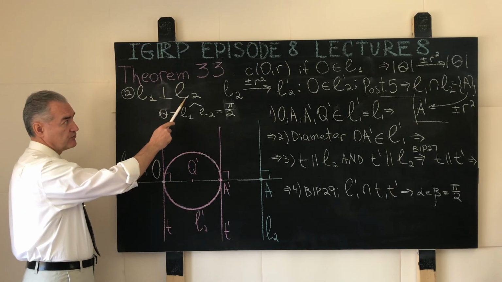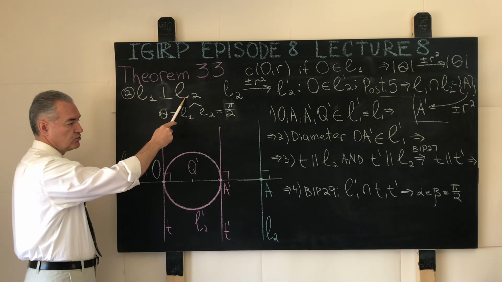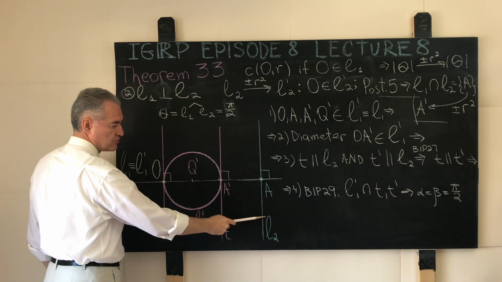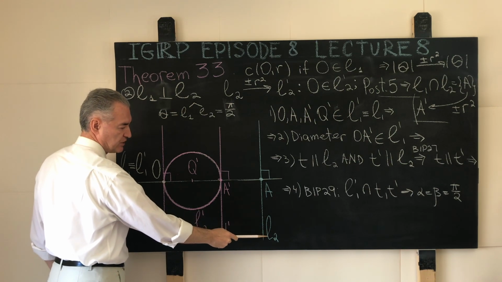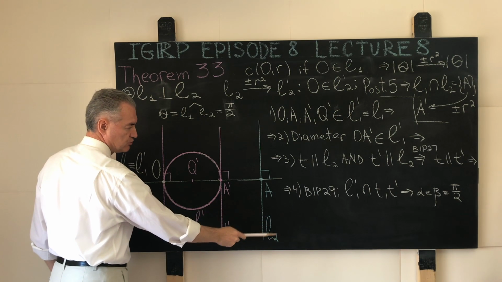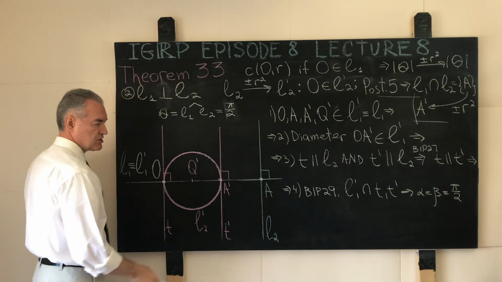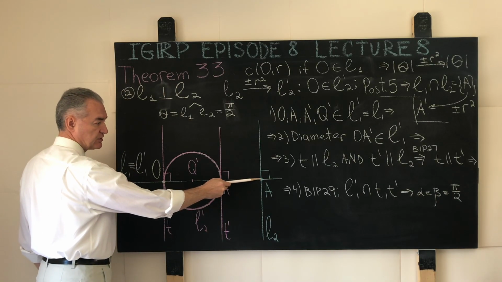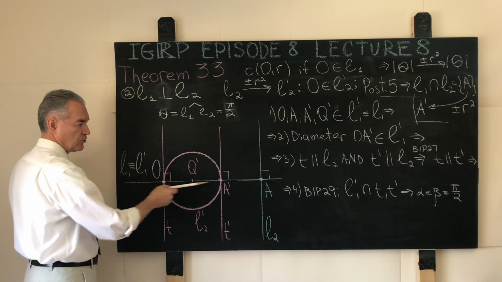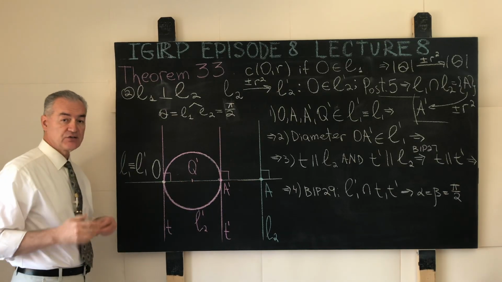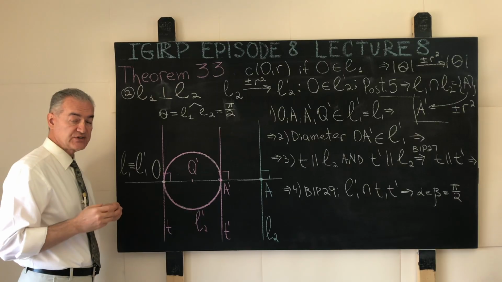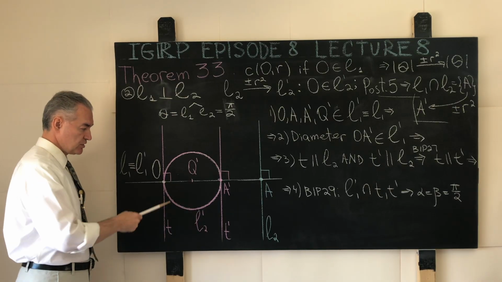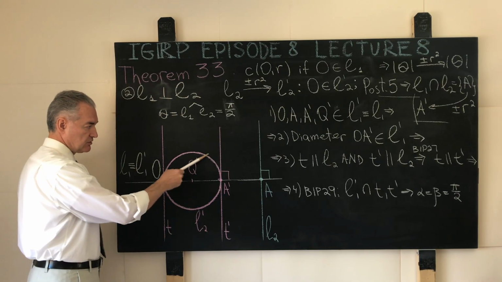The image of the straight line L2 that does not pass through the center of inversion, shown over here in blue as a sample configuration, which is perpendicular to the straight line L1, will again be a circle that does pass through the center of inversion. That circle is shown in red over here.